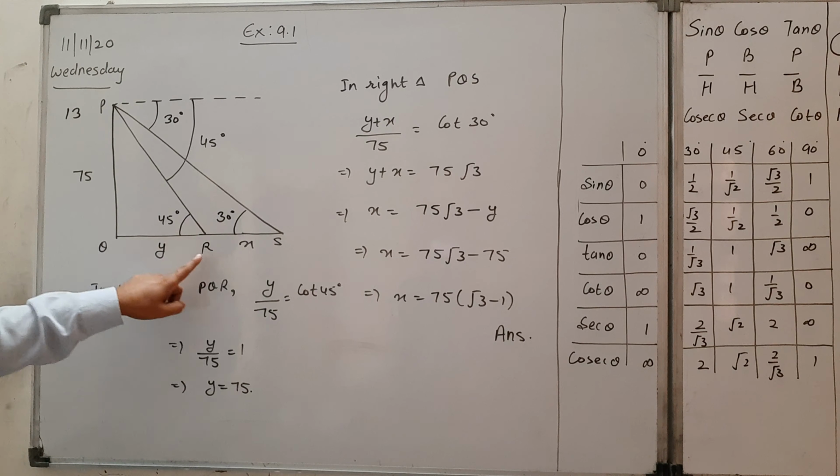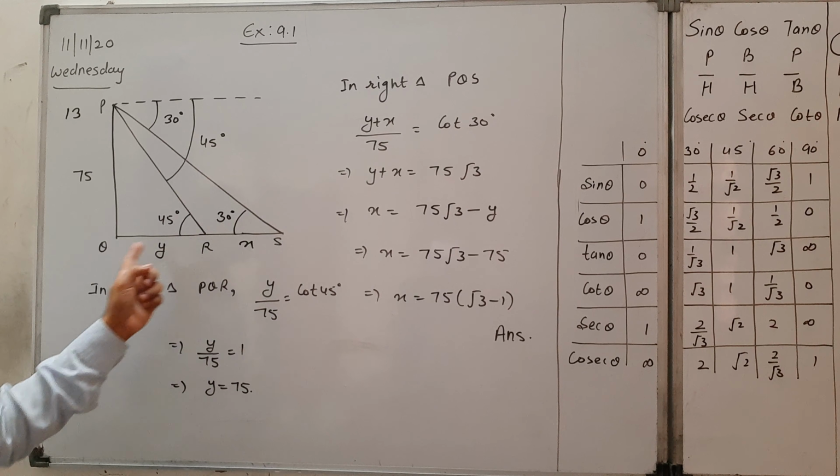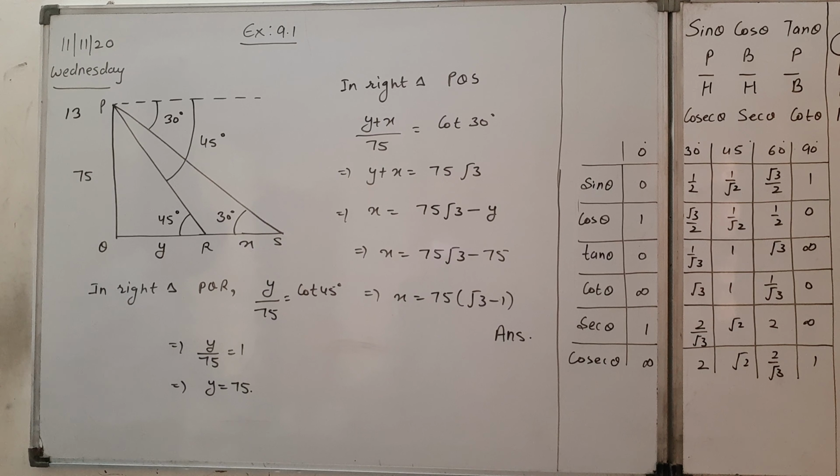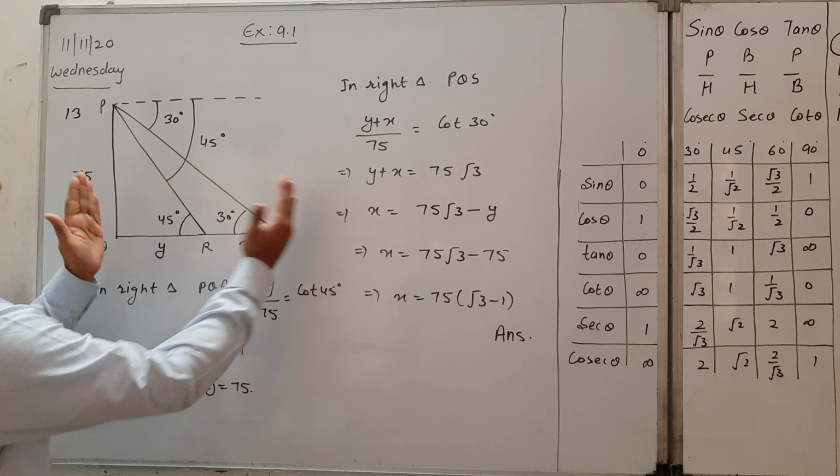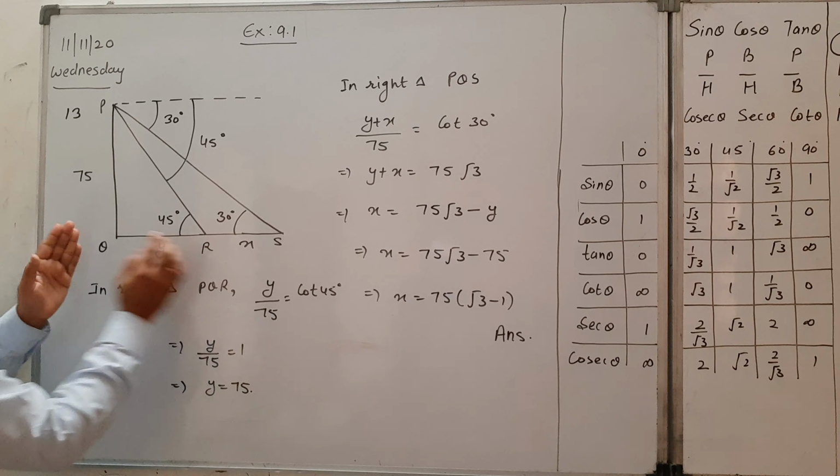So by alternate angle equation, angle R will be equal to 45 degrees and angle S will be equal to 30 degrees. And R and S are the ships on the same sea level line, one behind the other, on the same side of the lighthouse. It means R is on the right hand side, so S is also on the right hand side.